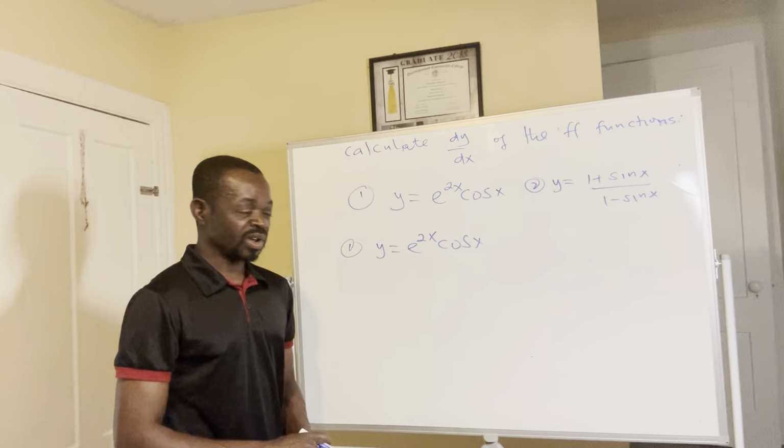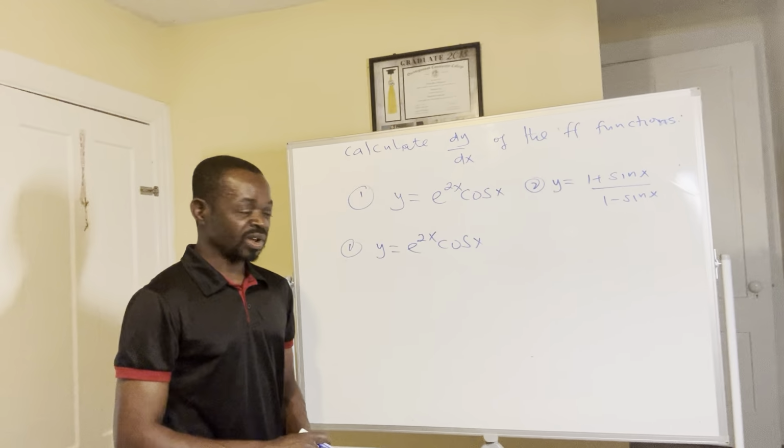So our dy/dx is now equal to, we'll hold the first guy as constant, then we'll differentiate the second guy. So the first guy is e to the power 2x, then we differentiate the second guy, which is what?